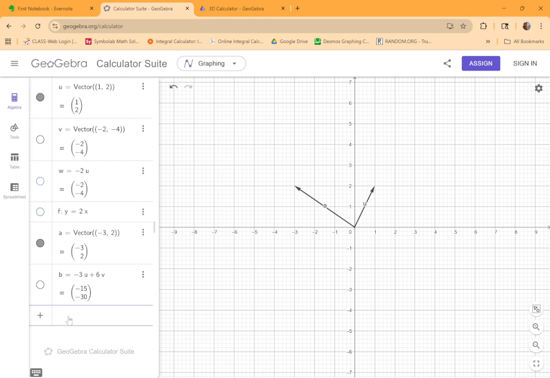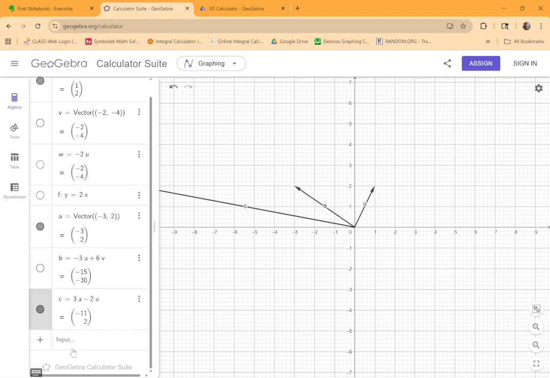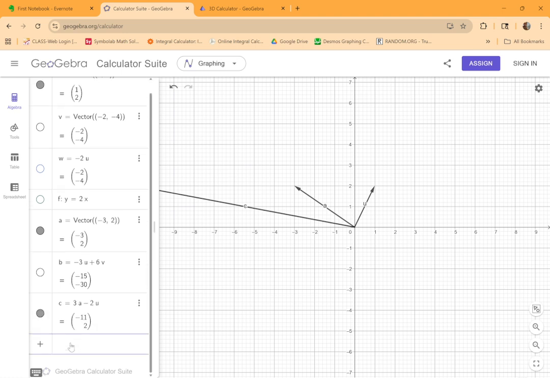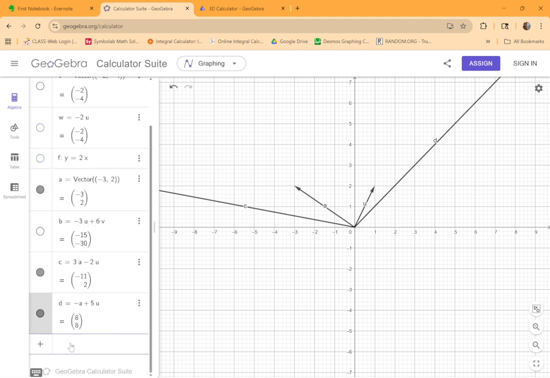Then we want to ask ourselves, what can I build with different linear combinations? Like, let's say 3a minus 2u, or negative a plus u, or 5u. We have that there.